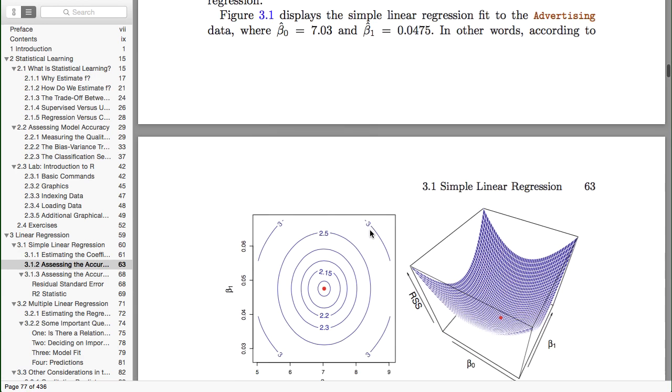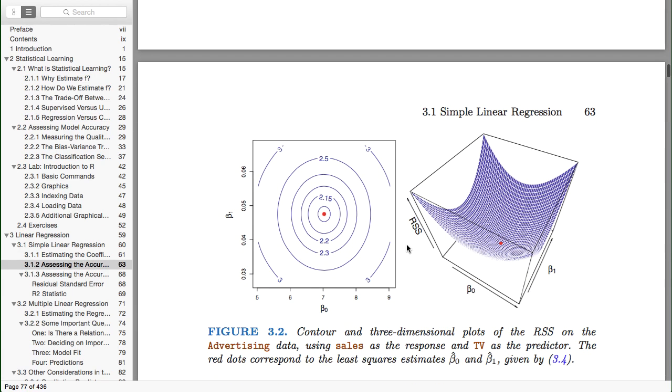What can we do with these? Oh, and here's, I forgot about this. So this is what we would be minimizing if we were going to do the proofs. On the z-axis here is the RSS, the residual sum of squares function, and on the other two axes are beta naught and beta 1. And so we're at the bottom of this net, and this is a contour plot. You read this: each point on this line has a height of 2.15.